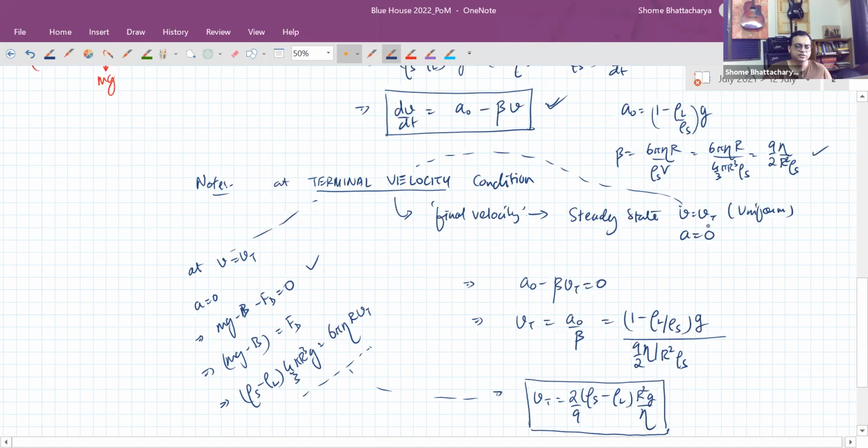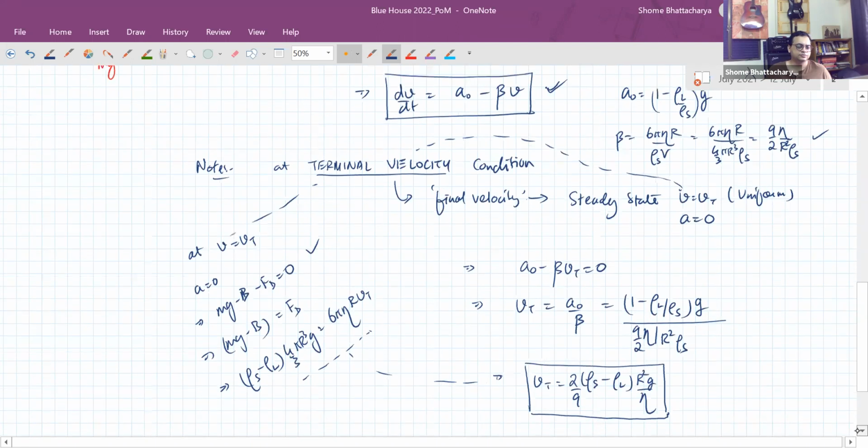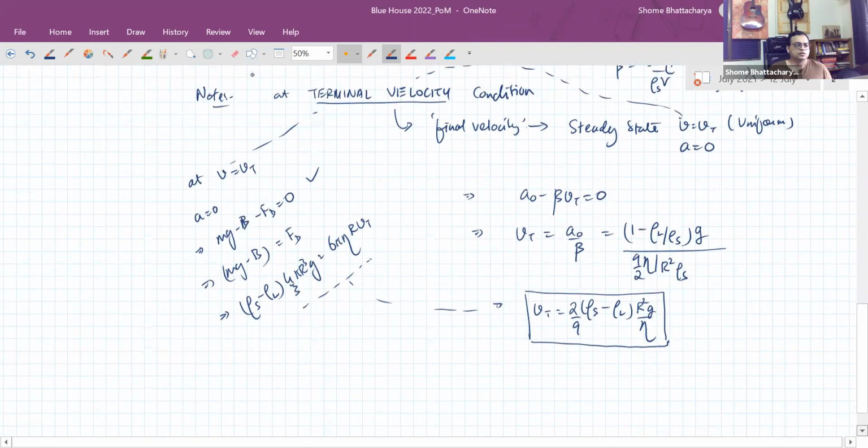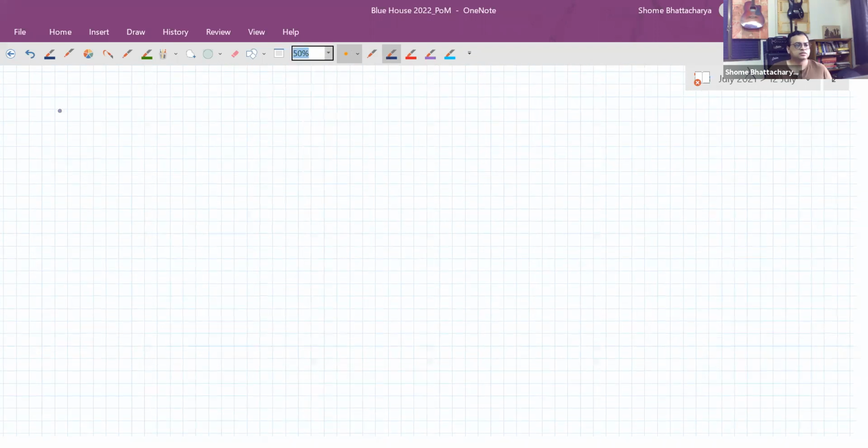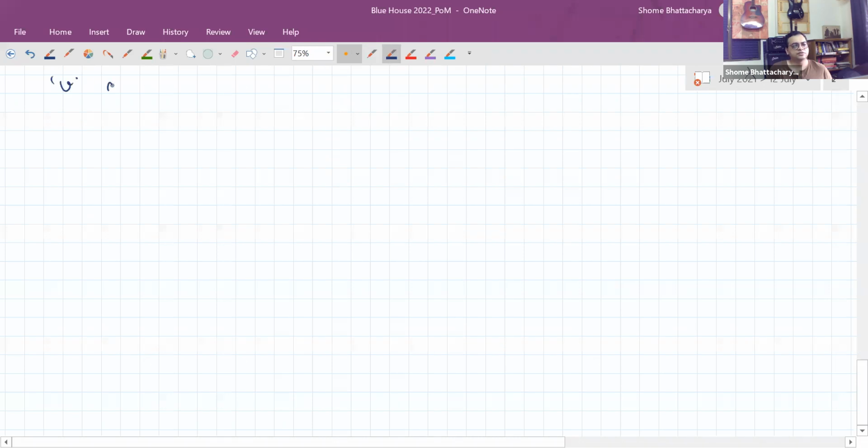It's a straight line motion, but with non-uniform acceleration. In fact, it's having a diminished acceleration. That is, the acceleration is reducing with time and eventually becoming zero. So next let's understand the velocity as a function of time.